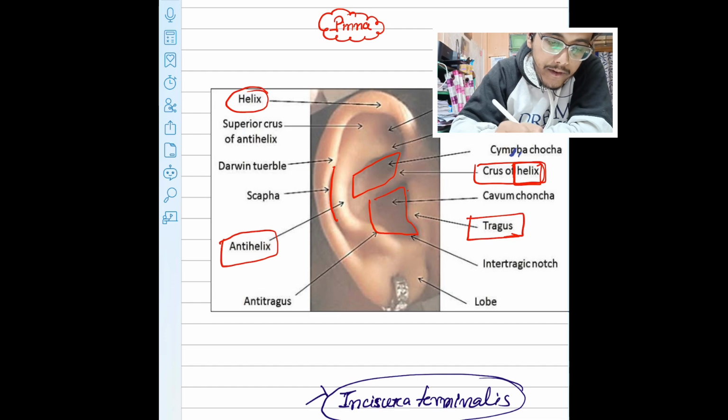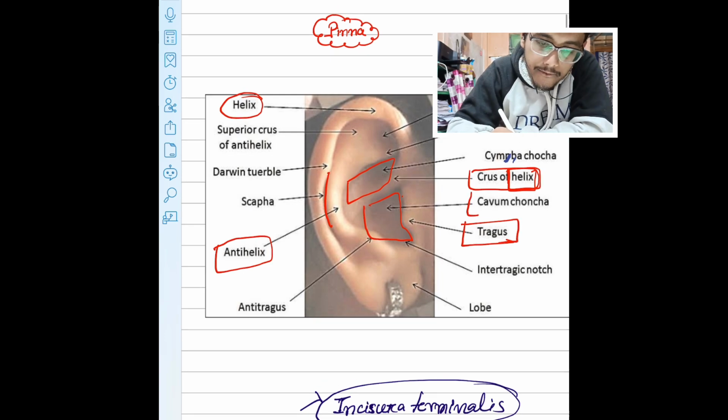The lower depression, which opens into the external auditory canal, is known as the cavum concha. The upper one is known as the cymba concha. This much is clear.